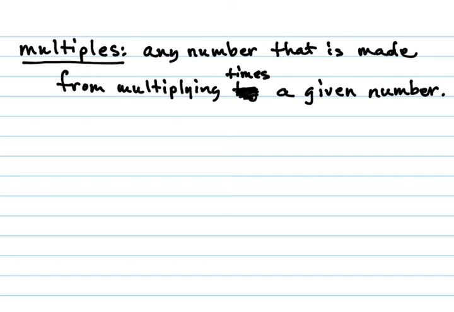Now, guys, with factors, there are a limited number of factors for every number. But multiples are infinite. They go on forever. So, for example, if I want multiples of 10, we just did 1 times 10 is 10. 10 times 2 is what? 20. 10 times 3 is? 10 times 4 is?